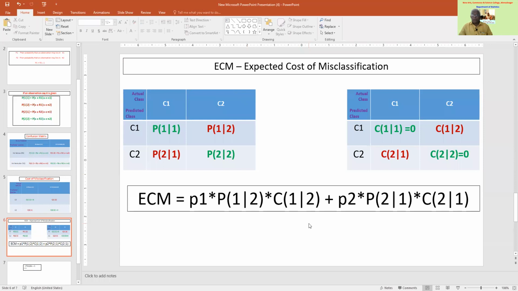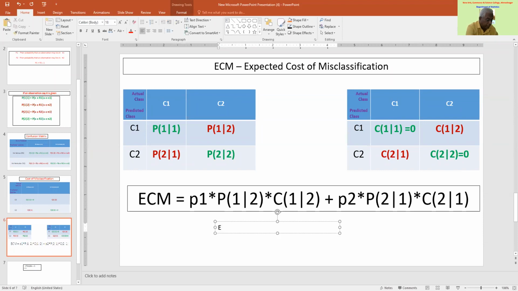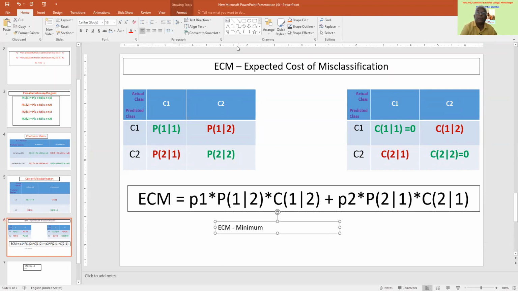It is obvious that it is the cost of misclassification, and therefore it should be minimum. We want to minimize it. ECM should be minimum. This is what we expect.